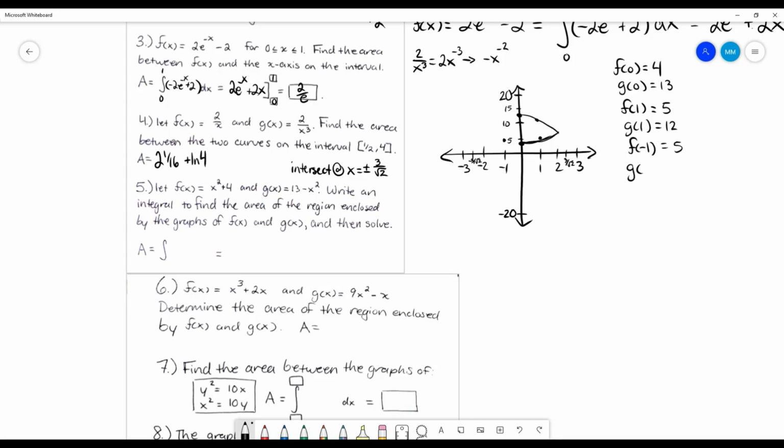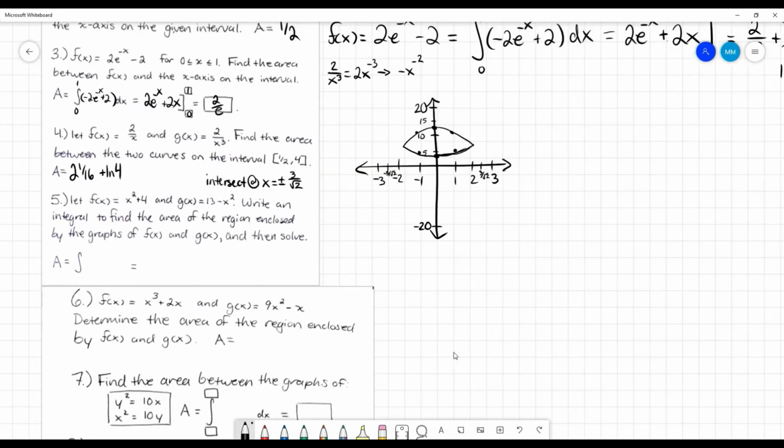If I plug in g of negative 1, that's still going to be 13 minus 1, which is 12. And yep, it just kind of mirrors and it encloses this area that kind of looks like an eye. So now I need to find the area of this, which we should be able to do with a single integral because it never goes below our x-axis, so we don't have any negative area.